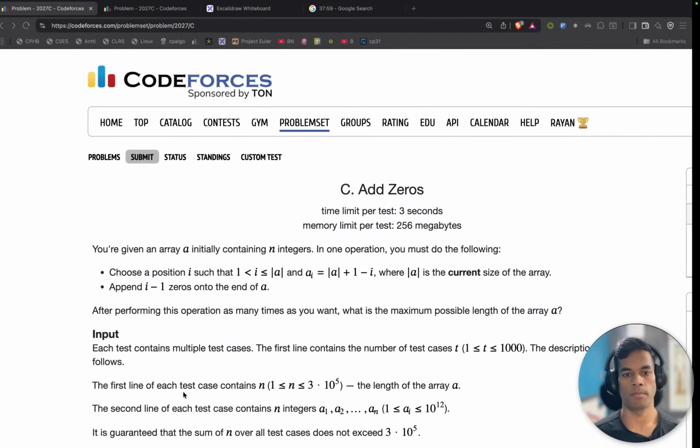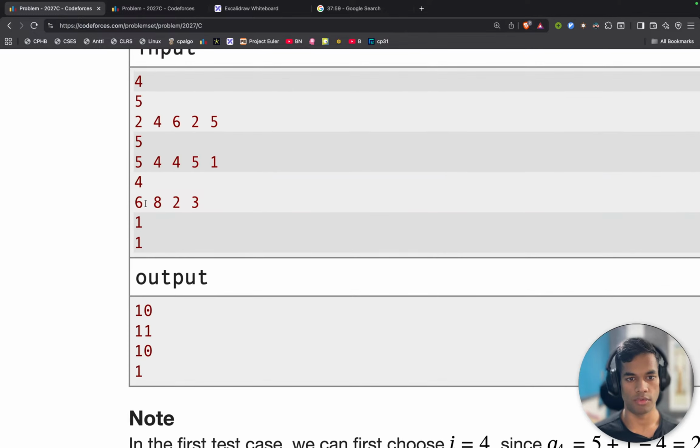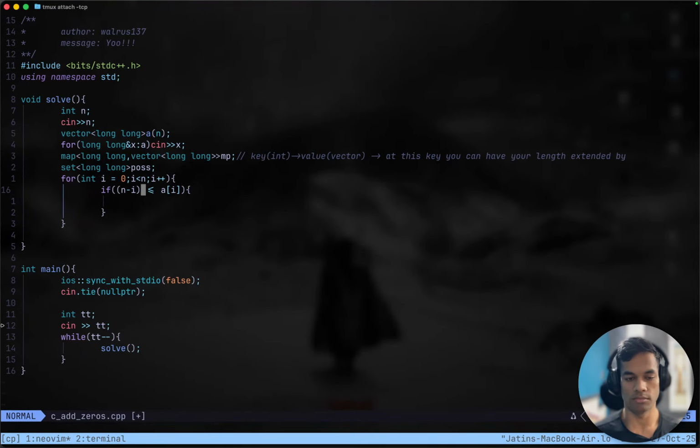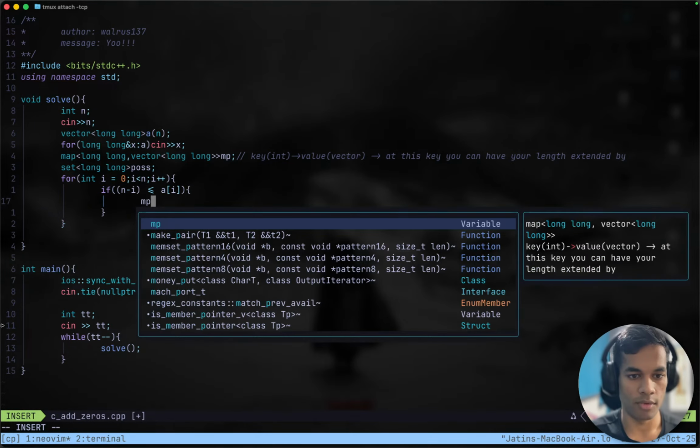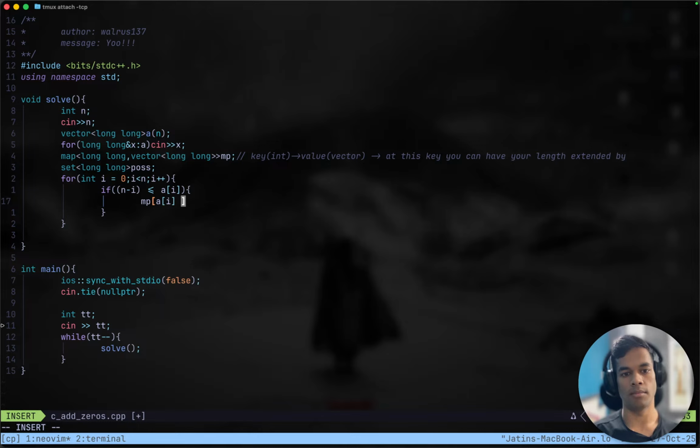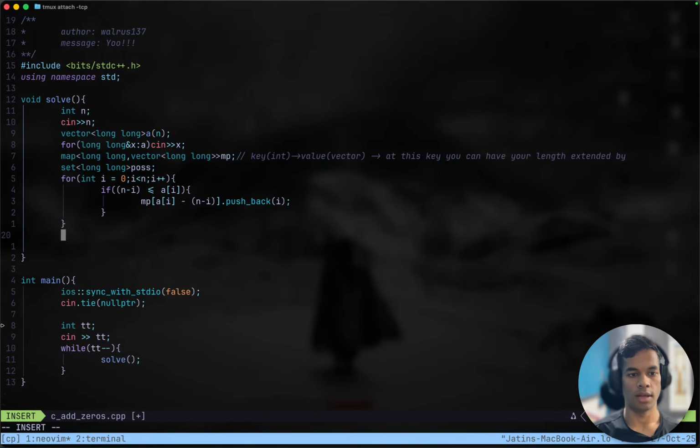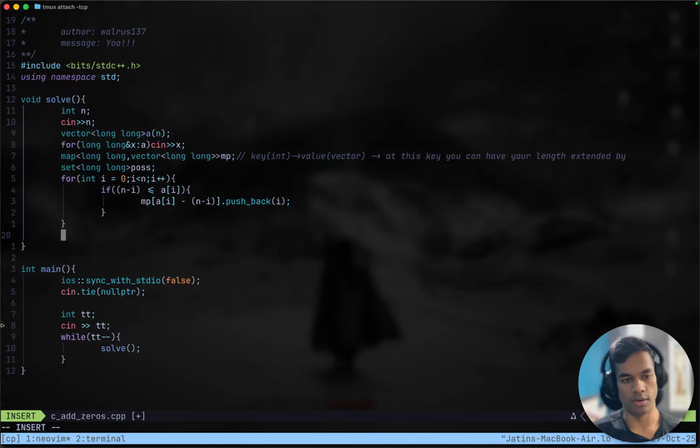Because if we had 1 at a position like this, we already have more elements onto the right, so we can never apply the operation there. So here we will say mp[a[i] minus (n minus i)].push_back, and how much new things should be added, that is i. And in response, we don't need that.